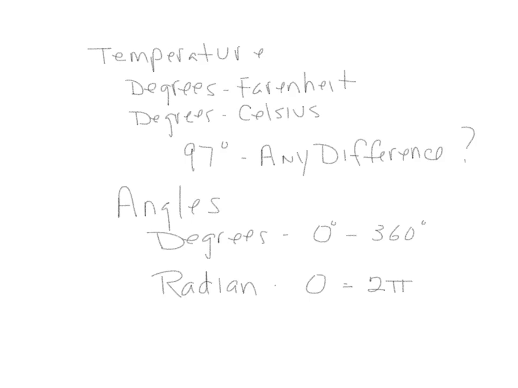Let's talk here just a little bit today about a circle. When we begin, our initial side starts on the positive x-axis. That's 0 radians. One full revolution around the circle would be 2 pi radians.